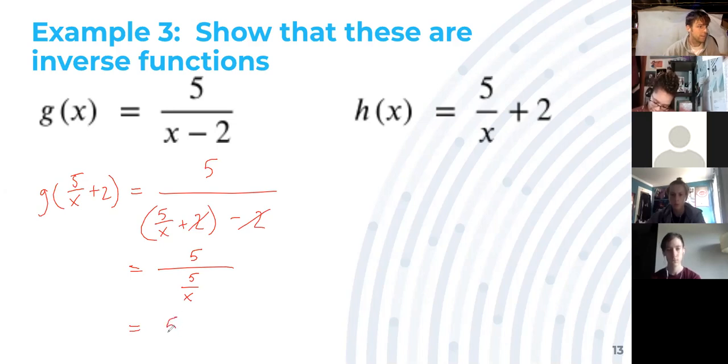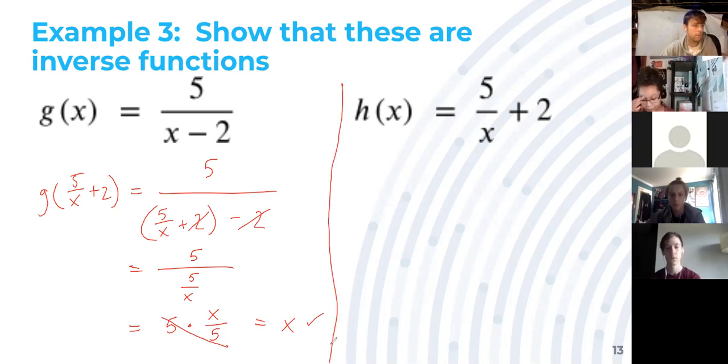So this is really the same thing as 5 times the reciprocal of that, x over 5. And then the 5s cancel, and we're left with just x. More complicated algebra is taking place there, but it did reduce to x. So we're off to a good start. It worked one way. We just need to make sure it works the other way too.